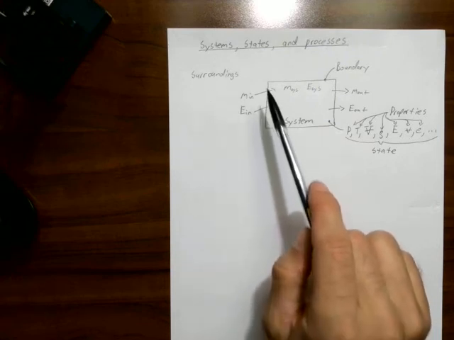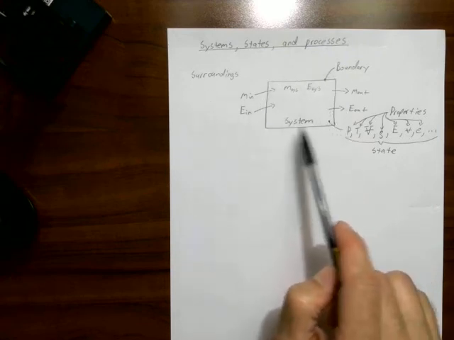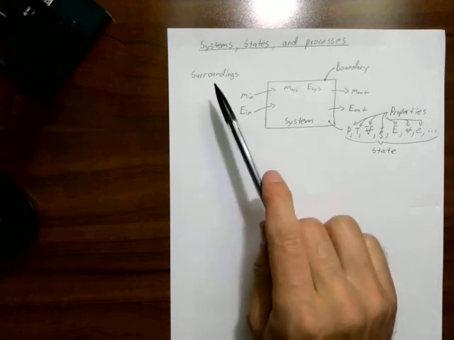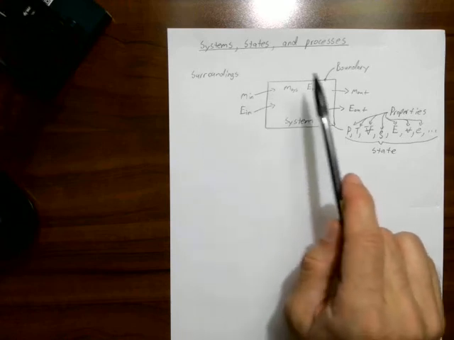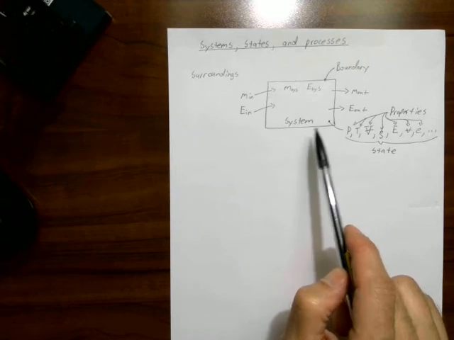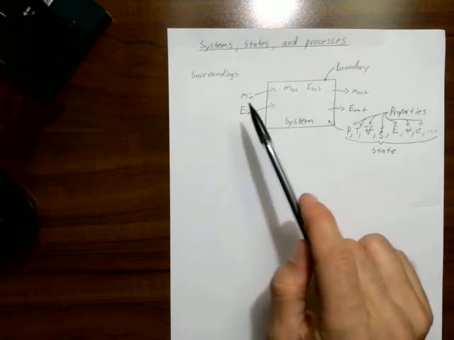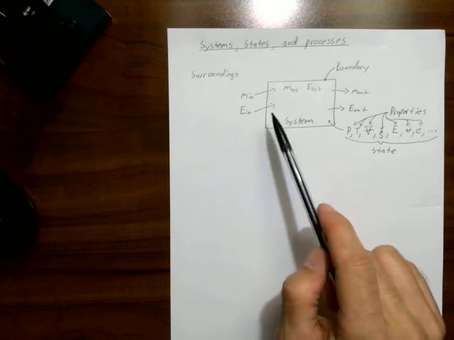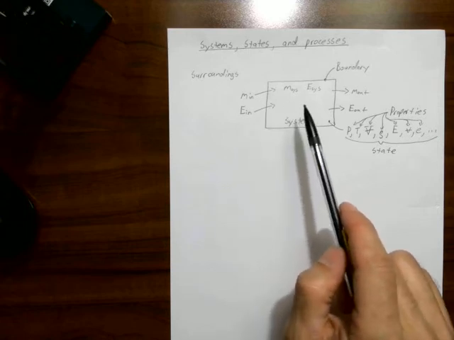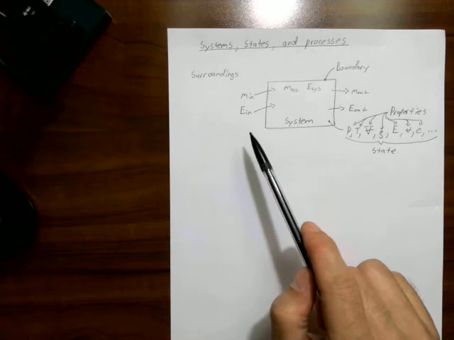So we divide the universe into two parts: the system that we're interested in and the surroundings. Those two parts are partitioned using a boundary, and mass and energy have to cross the boundary in order to enter or leave the system.